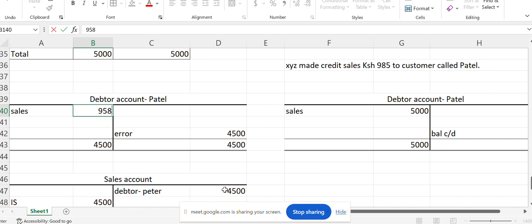So even in the sales account, we are going to have 958. You've interchanged the 5 and the 8. Are you together? But later on, you realize that you've made a mistake. 958. That's the total.